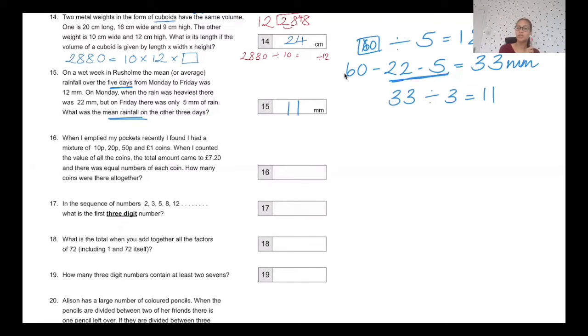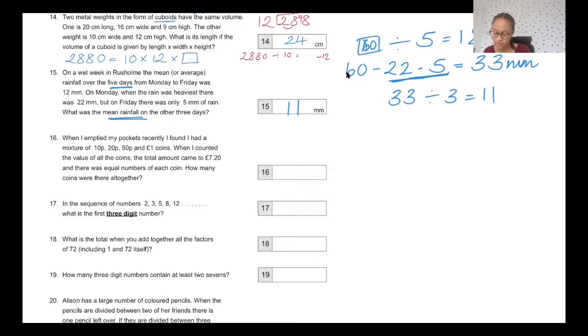I am going to ask you a little extension question. Was the amount of rain on Monday above or below average? Very quiet. No one? Okay, so the rain on Monday was 22 millimetres.